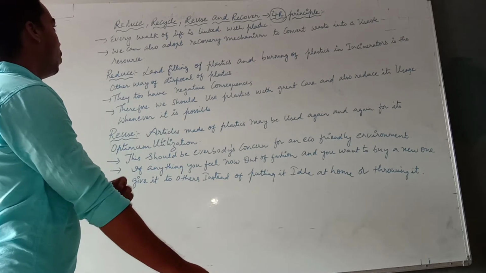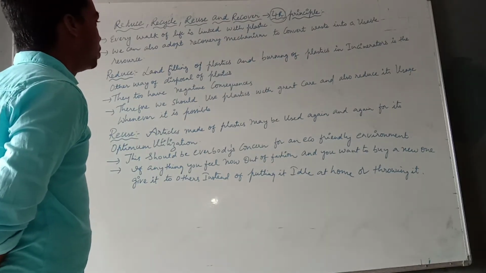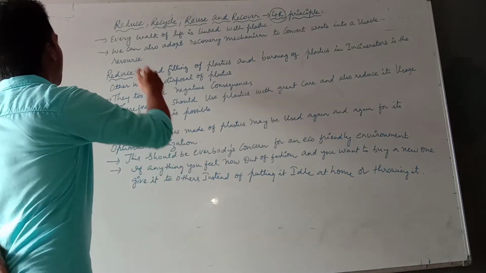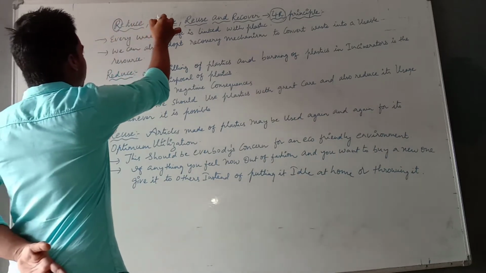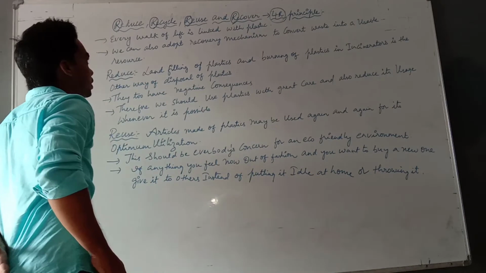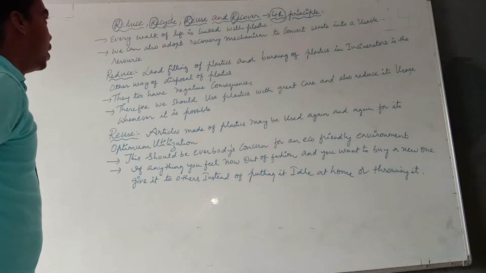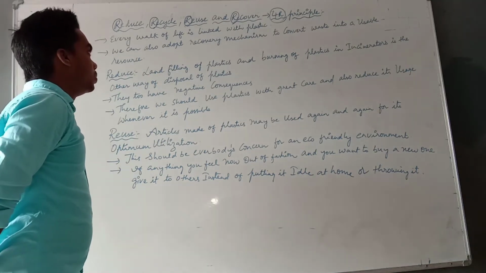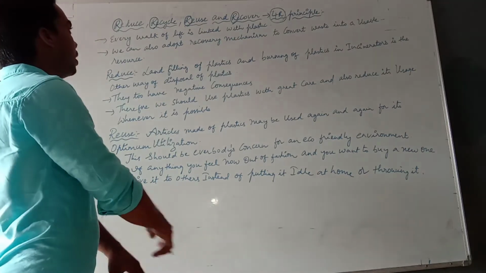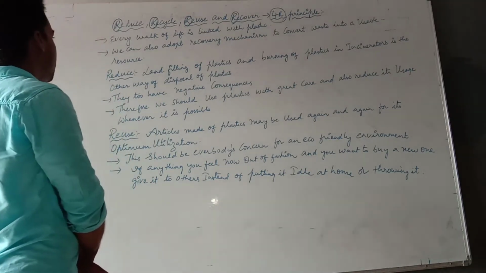The 4R principle is very important regarding the usage of plastics. 4R's means the starting letter of each word is R: reduce, recycle, reuse and recover. That is my 4R's principle.